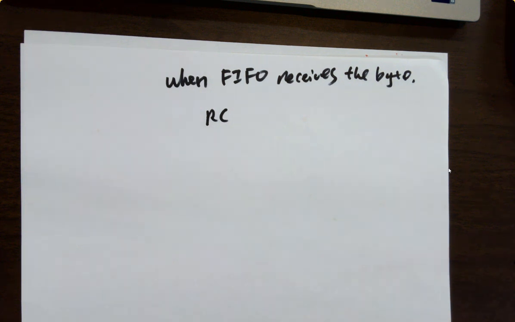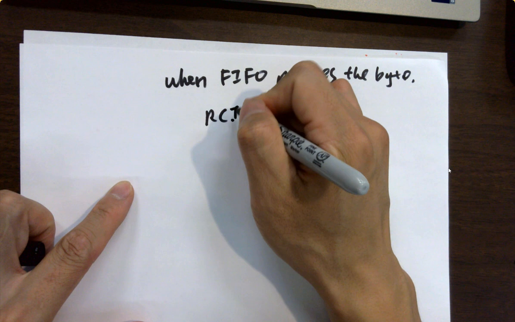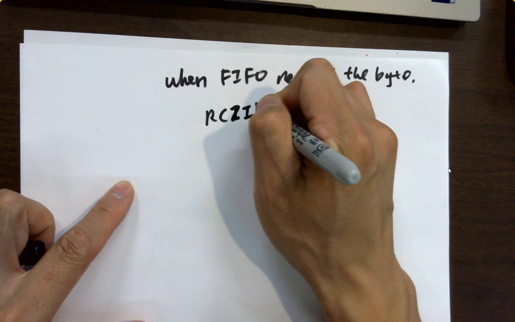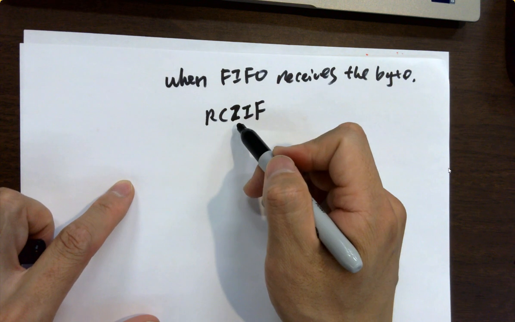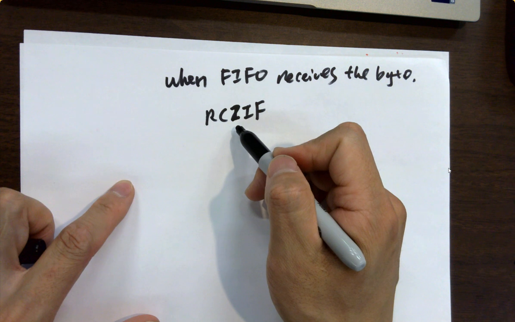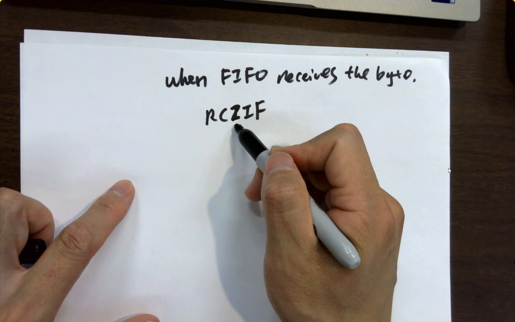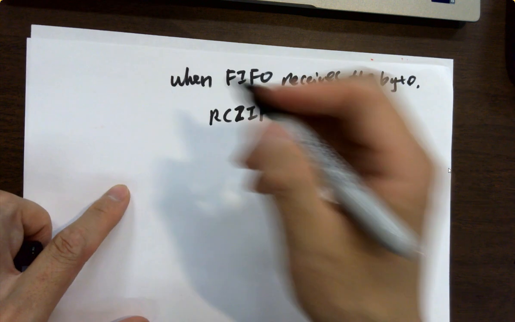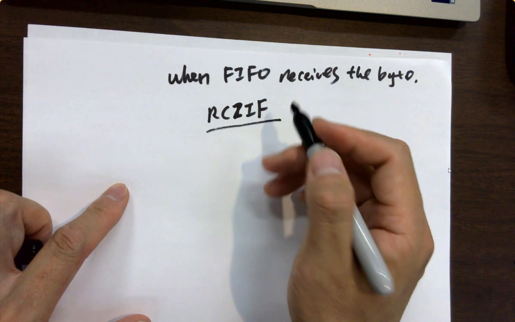The name of the flag is RC2IF. Why is it RC2IF? Who is receiving? You are what? So why is it RC2? It's because you are 2. So it's confusing, because for UART2, this bit is a flag.